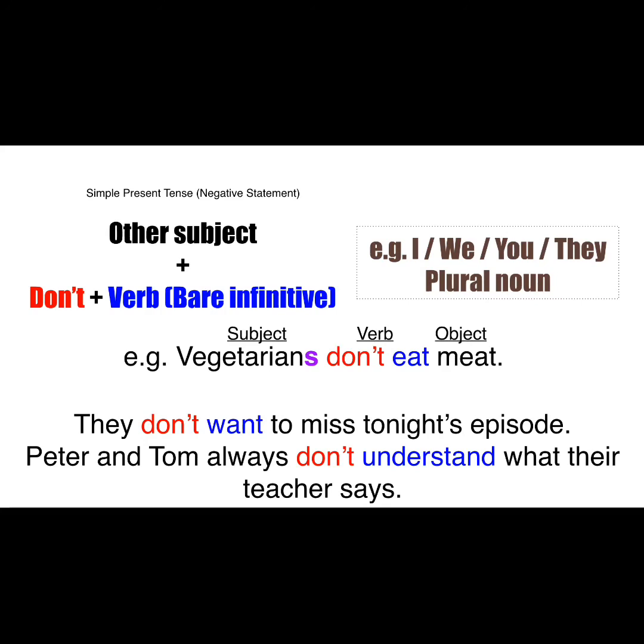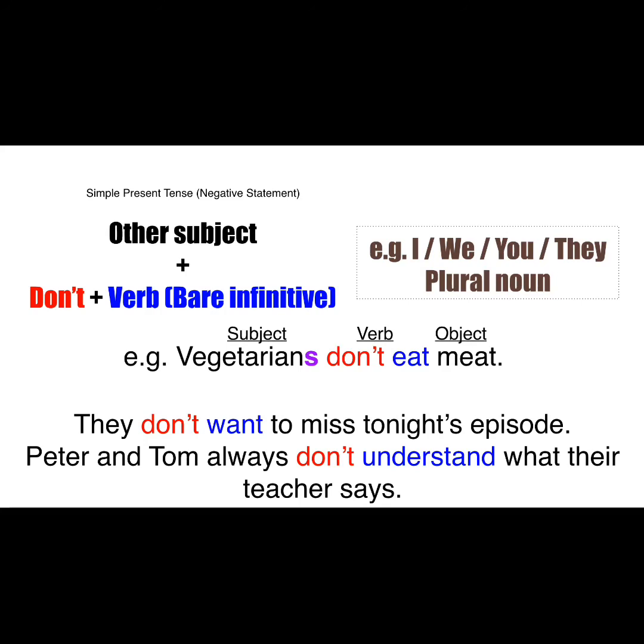Let's take a look at this second example. They don't want to miss tonight's episode. Because the word they is a third-person plural subject. Therefore, we use the word don't before the verb want. And we don't add s or es after the verb want. The last example. Peter and Tom always don't understand what their teacher says.